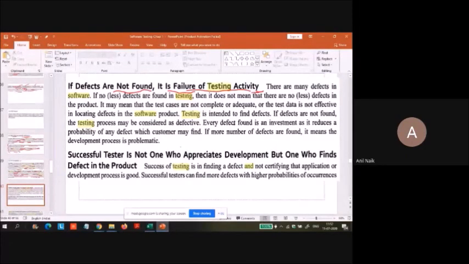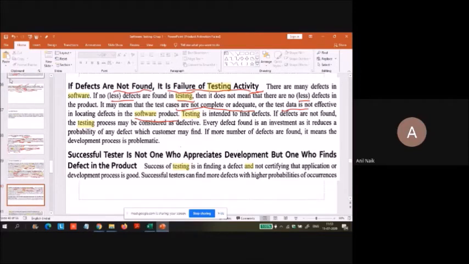There are many defects in the software, and if no or fewer defects are found in testing, it does not mean that there are no or fewer defects in the product. It may mean that test cases are not complete or adequate, or the test data is not effective in locating the defects in a software product.